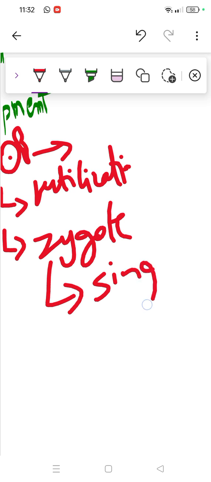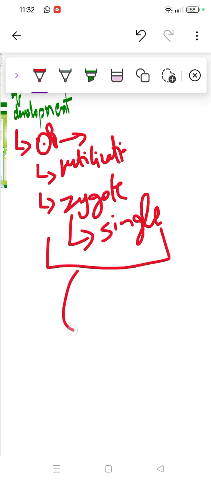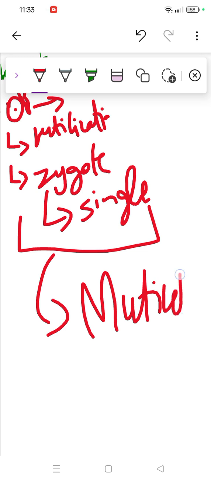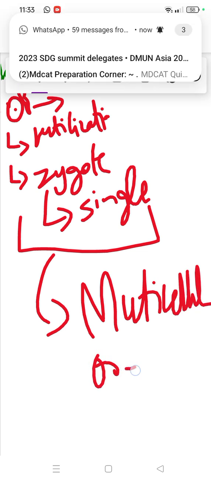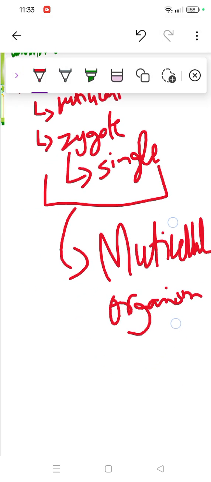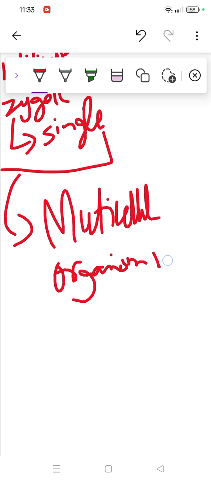The mechanism of development is simply when the single cell is transformed into a complete multicellular organism, that's called development. Basically, how a single cell from a fertilized ovum and sperm becomes a new child, a newborn baby.